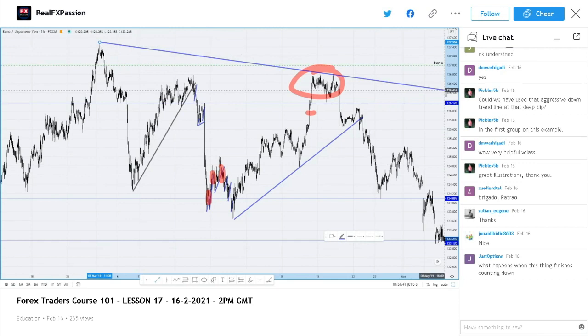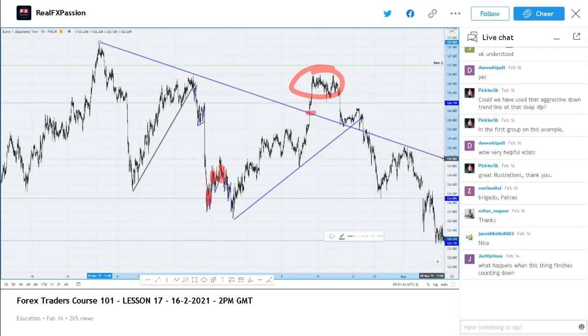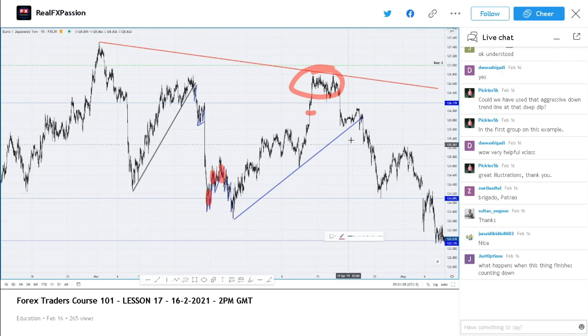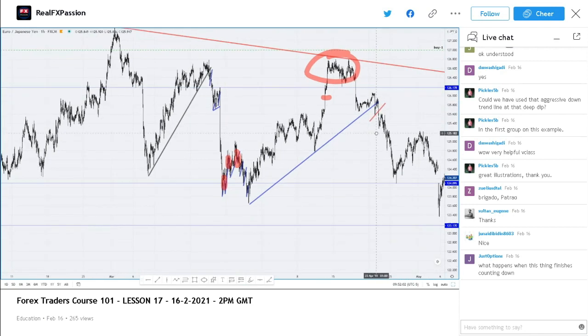You know this. So the first downtrend line was like this. This was a false breakout. Then we need to adjust our downtrend line, like in here.